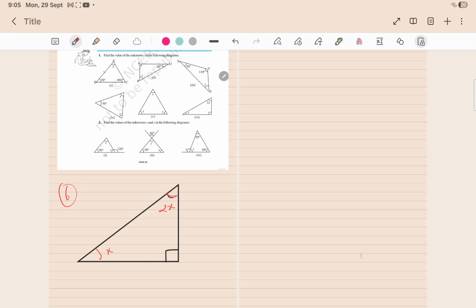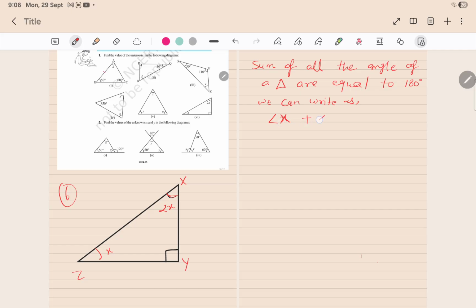The sixth question is also the same as the previous question. The sum of all the angles of a triangle is equal to 180 degrees. So we can write for XYZ, angle X plus angle Y plus angle Z equal to 180 degrees.